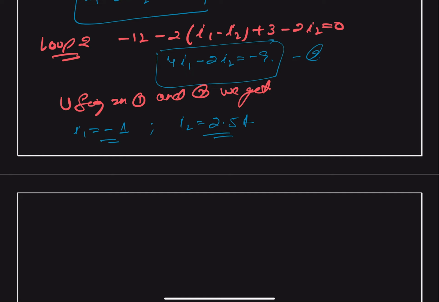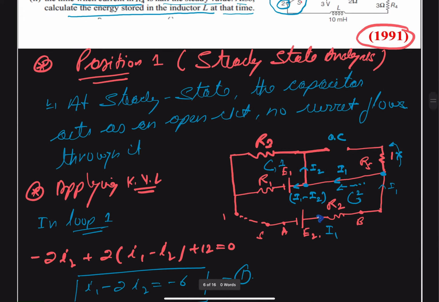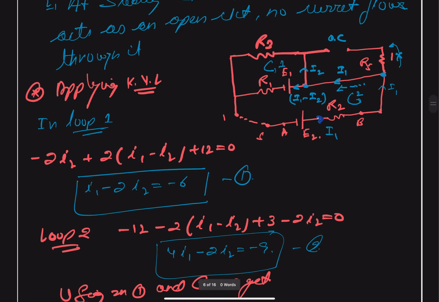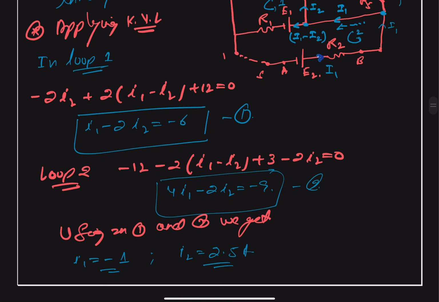So we were able to find I1 and I2, and in the first part it is asked to find the potential difference VA minus VB. Let this be our VA and this our VB, and the only current of interest is I1, because that is the only one flowing through this and affecting the potential difference VA minus VB. So we are going to find out the potential drop across this R2.